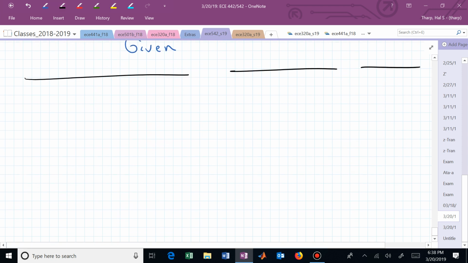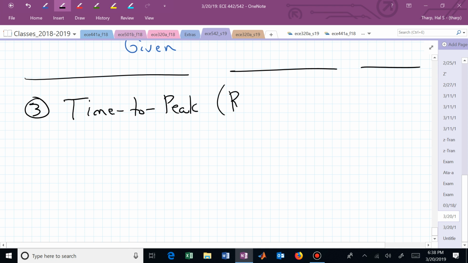One more. We can talk now about the third performance specification, which is the time to peak, or maybe I'll just refer to it as the peak time.